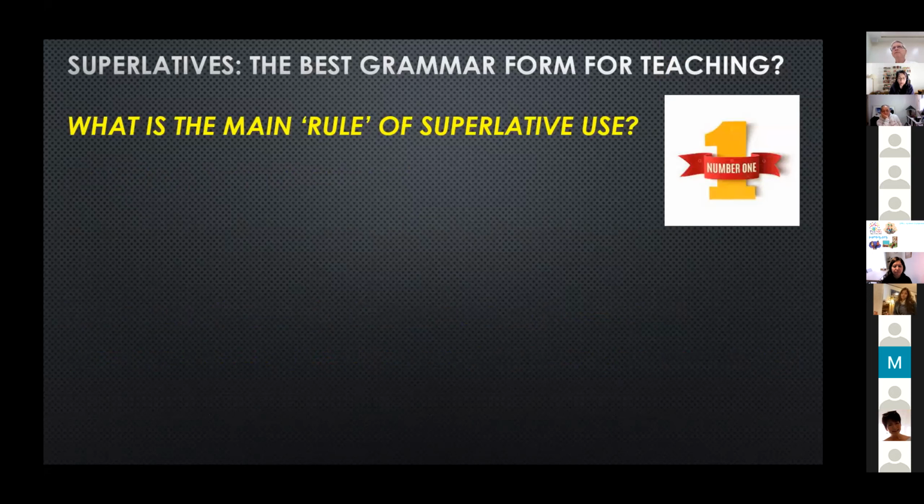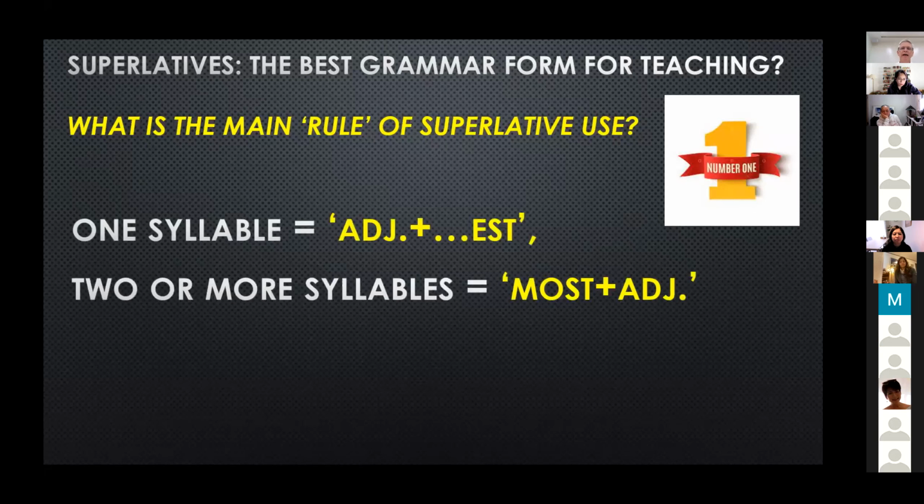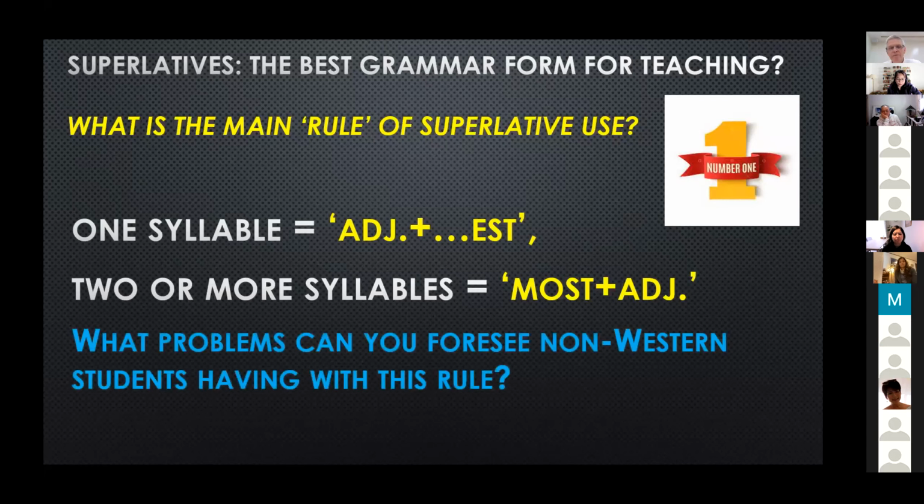Now, some people have said to me, okay, superlatives though. Superlatives are easy to teach, and maybe they can work as grammar. Okay, fair enough. So what is the main rule of superlative use? Many teachers might say, well, this is the main rule. Perhaps most of you agree with me, and I think it might be fair to say.